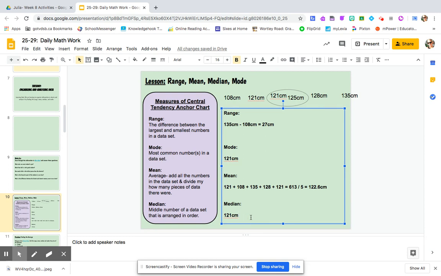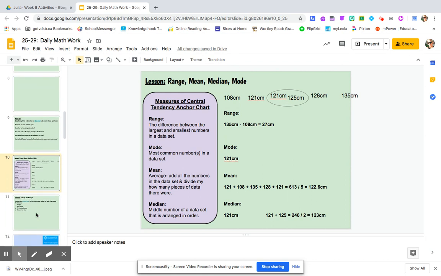So just to show you quickly, I would also have to do 121 plus 125 equals 246. Divide that in half, so divide that by 2. And the new median, so the median of the 6 numbers up there, would be 123 centimeters. So just a quick example of that.